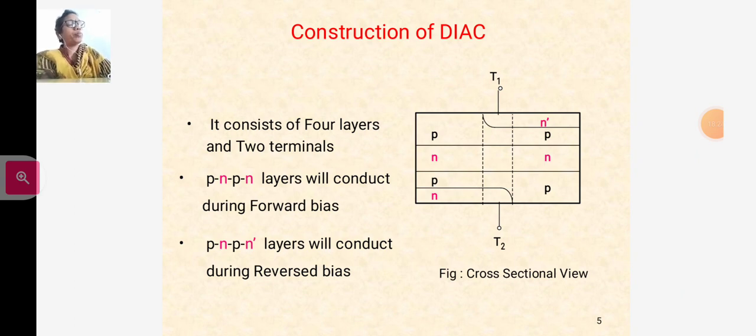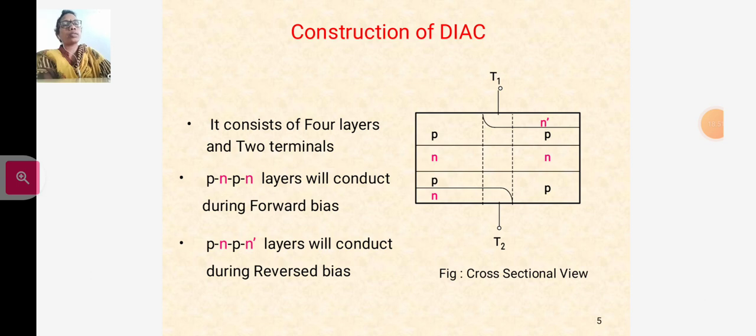Generally, the breakover voltage of diac is about 30 to 50 volts, and the voltage drop across the device is about 3 to 5 volts. As compared to triac, the operating characteristics of diac are similar, but it has no gate terminal. Hence, it is also called a gateless triac.